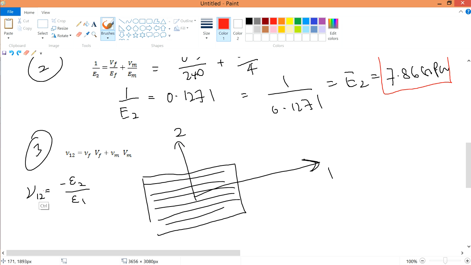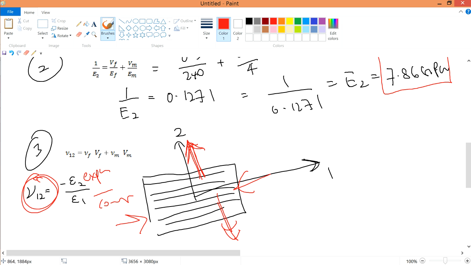So Poisson ratio 1 2 is actually telling you that you are pulling in this direction. This is expansion over compression. Therefore expansion is in the two direction while the compression is in the one direction. So the meaning of Poisson ratio 1 2 is that when you pull in this direction, the material will be somewhat compressed in this form.